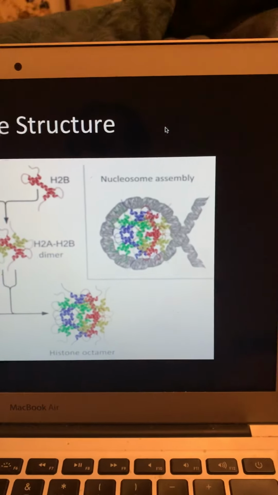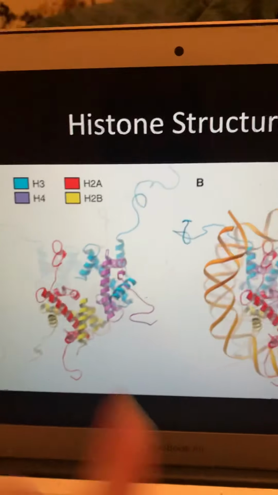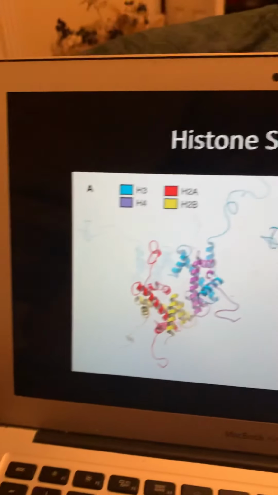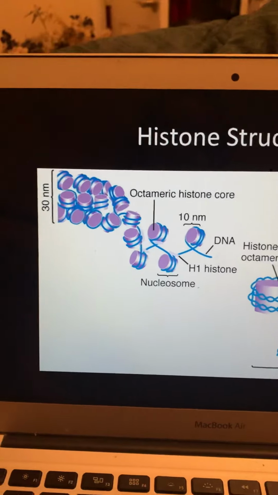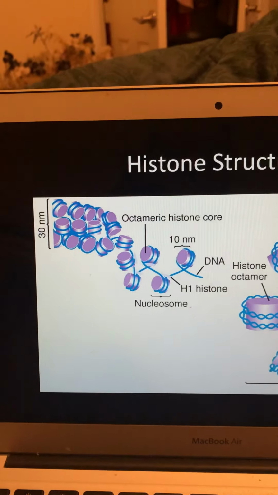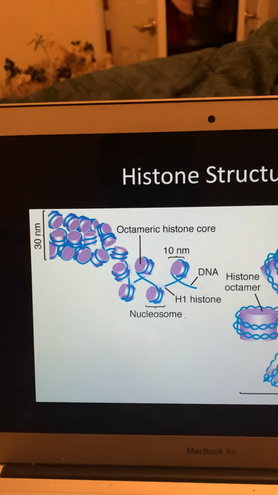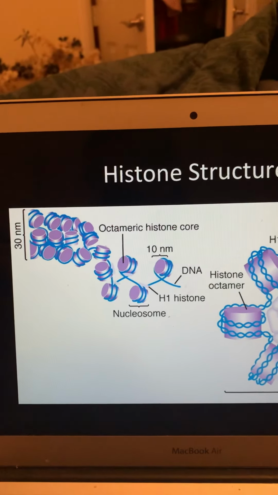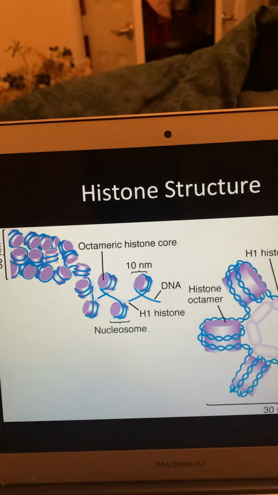So here's another nucleosome, and here's the ribbon model of the H3, H4, H2A, H2B. You'll eventually get the, what's it called? I'm sorry. Chromosome. That's what it is. Sorry, I blanked.